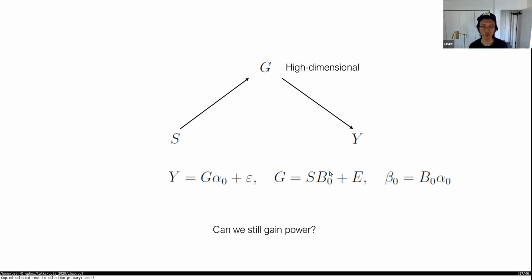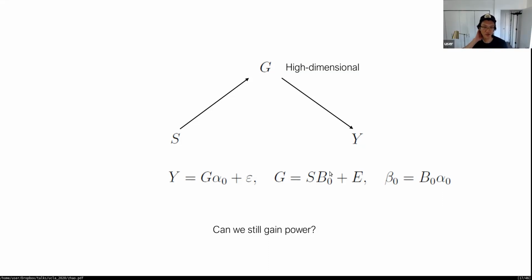So I will try to answer your question, although I have to say my instrumental variable knowledge is not very good. But I think what you're asking is, not all of the G affect Y through S. S might only affect part of G, not all of it. Yes.